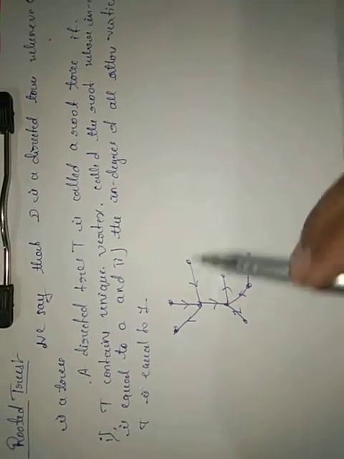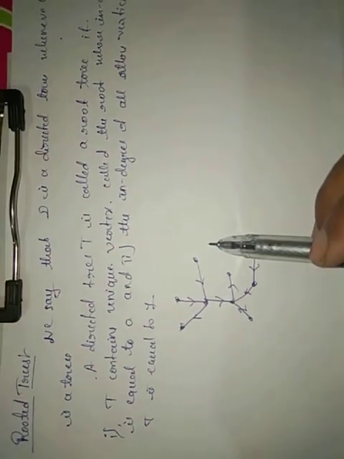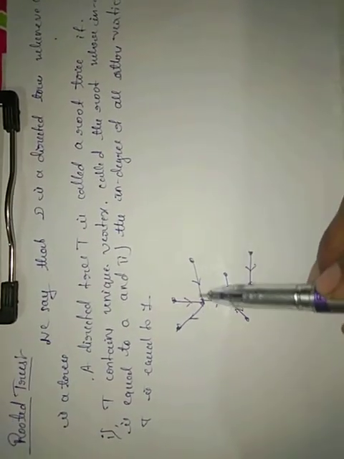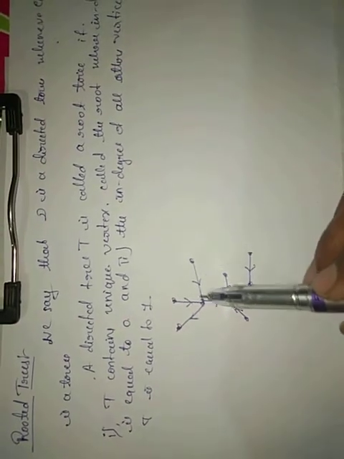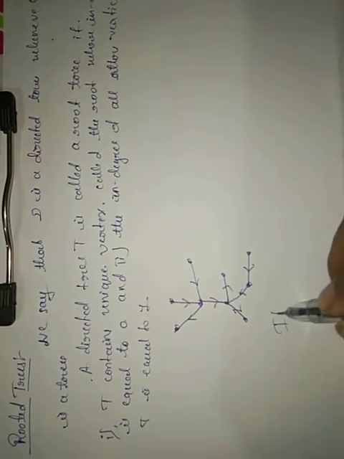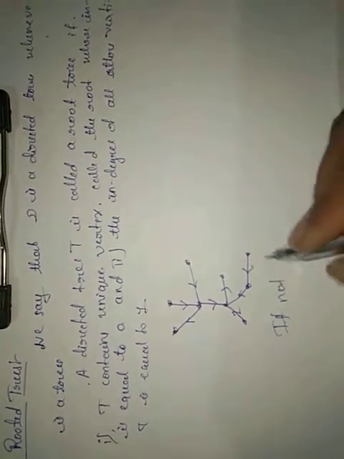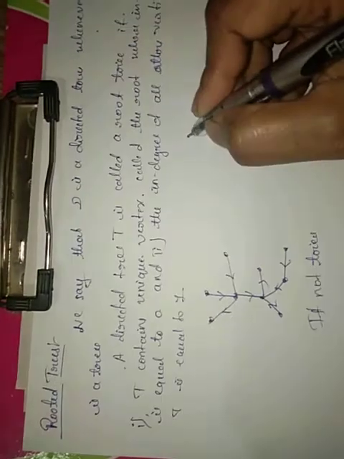But the remaining vertices should have in degree equal to 1. See, this vertex has in degree 2. Therefore, it is not a tree.